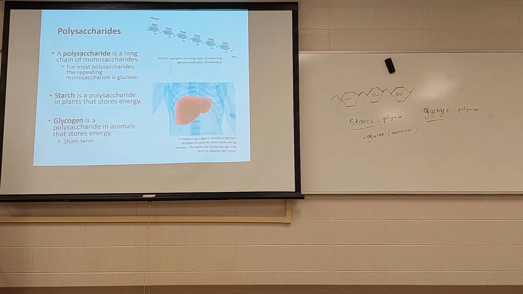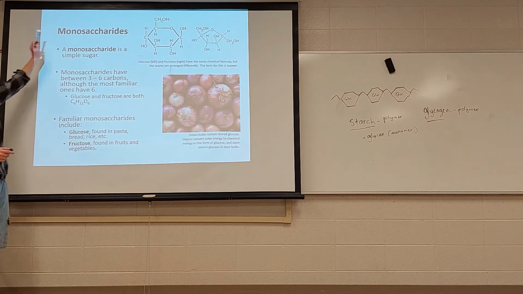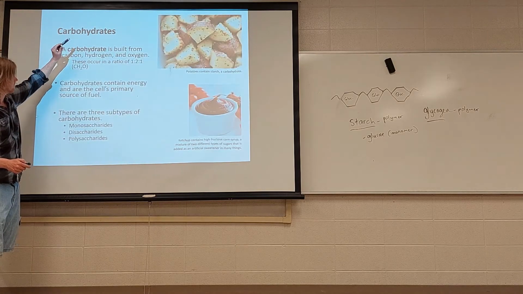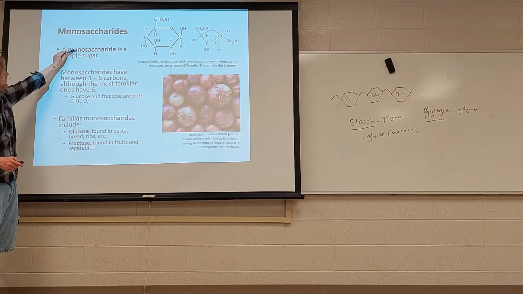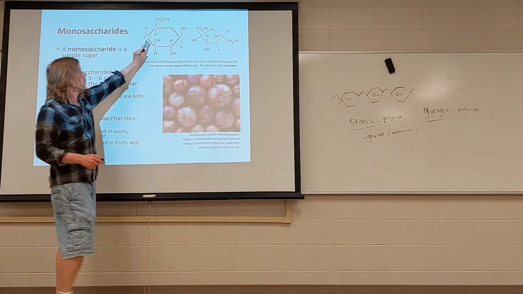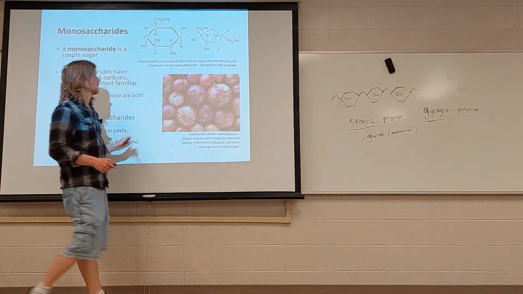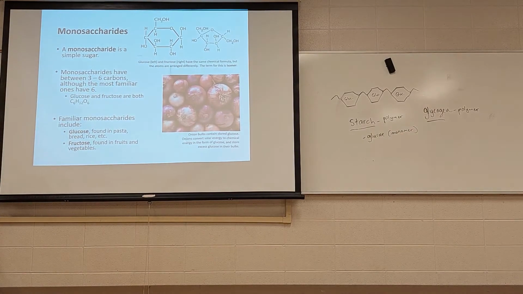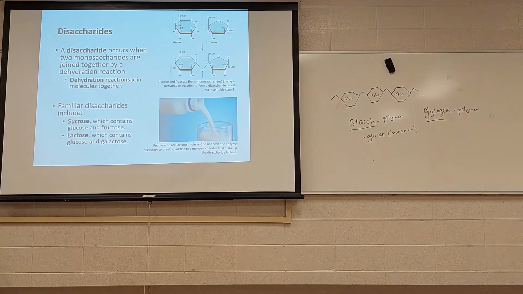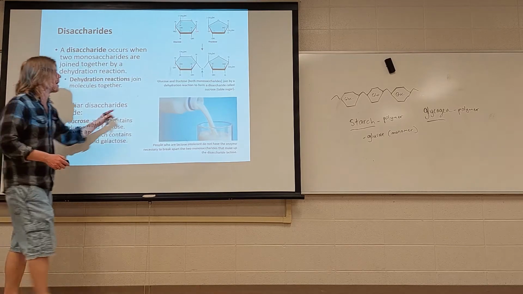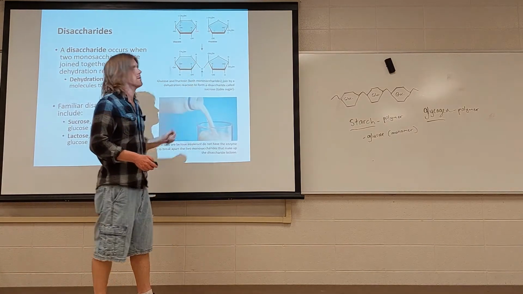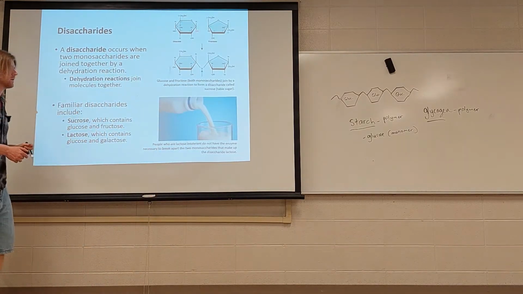So we've got monosaccharides. Let's go back here real quick. We've got monosaccharides, simple sugars, one molecule, glucose and fructose, the most common examples. Disaccharides, which exist as a pair of monosaccharides together.